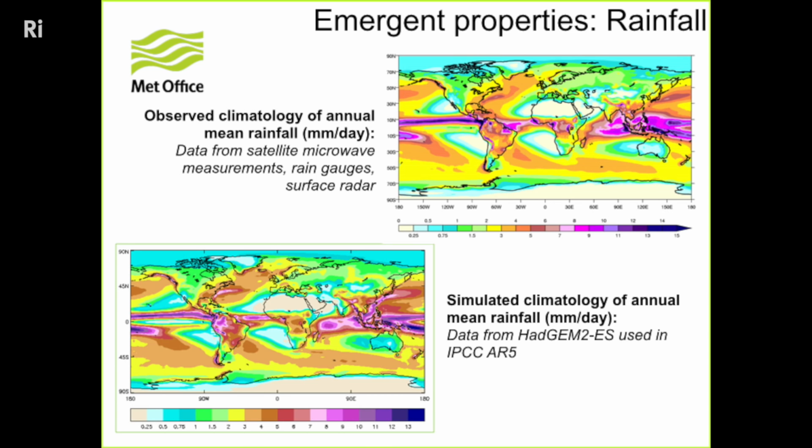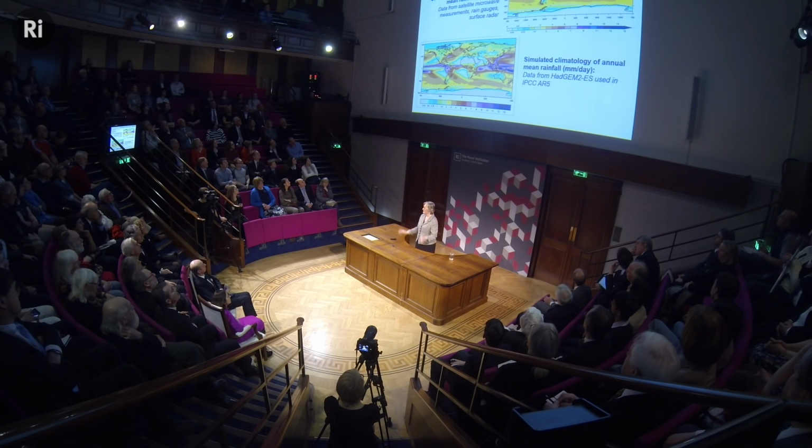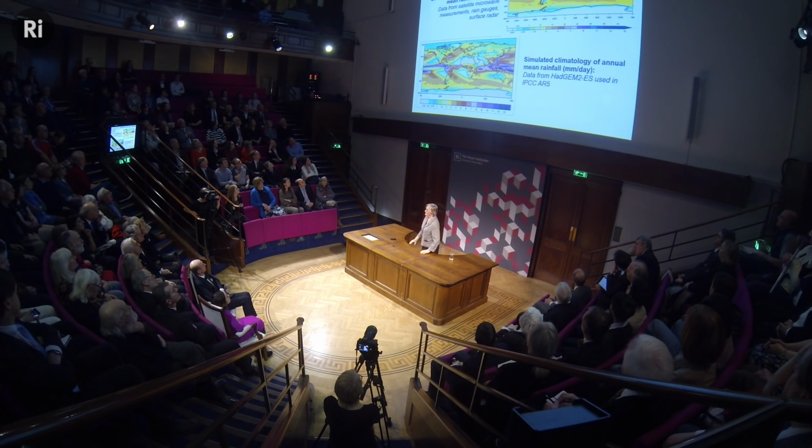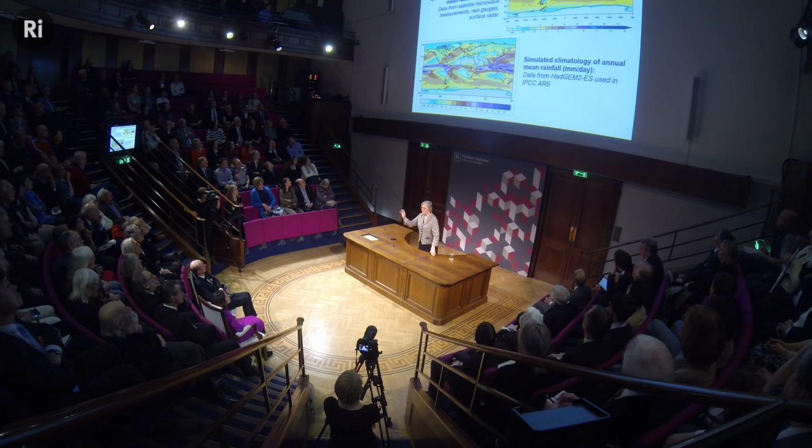And at first look, you'd say, well, this is pretty good, actually. This model's managed to capture a lot of those features, and indeed, it is pretty good. But actually, there are things about it that are still not so good. And I talked earlier about Blanford and his thought that the Indian monsoon was the easiest problem to solve.